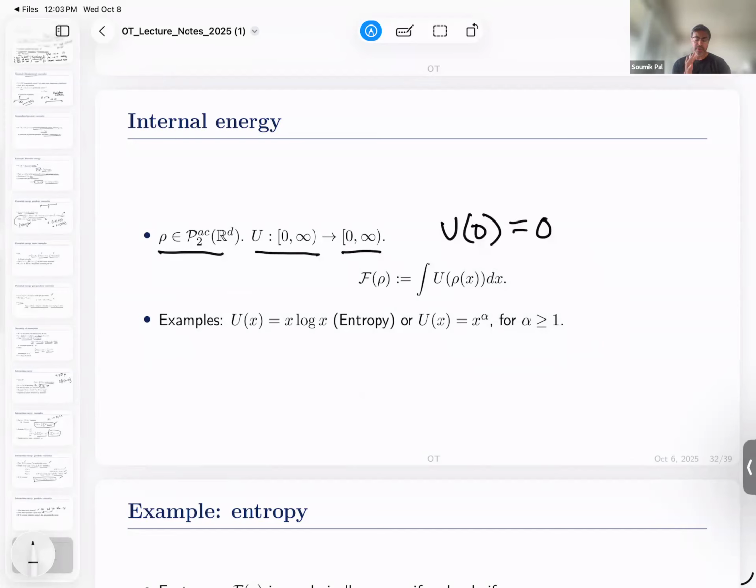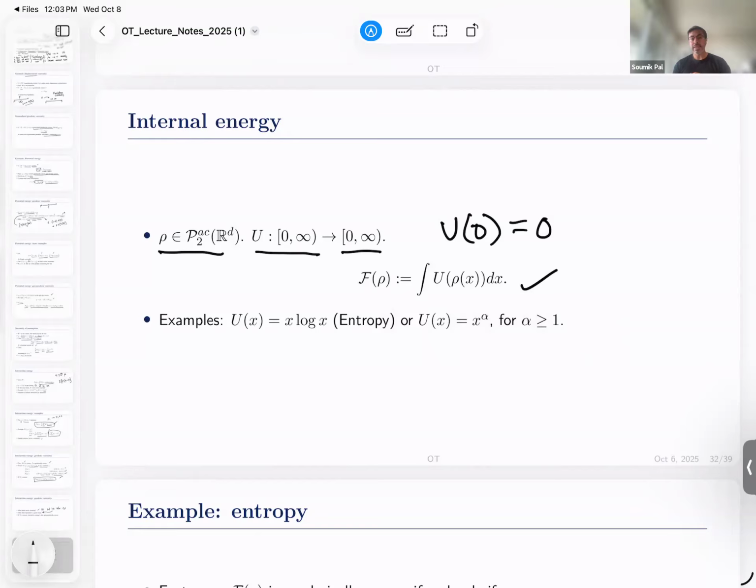You define your f of rho, which is just a density, to be u applied to the density, and you integrate with respect to the Lebesgue measure. And this is the definition of internal energy.